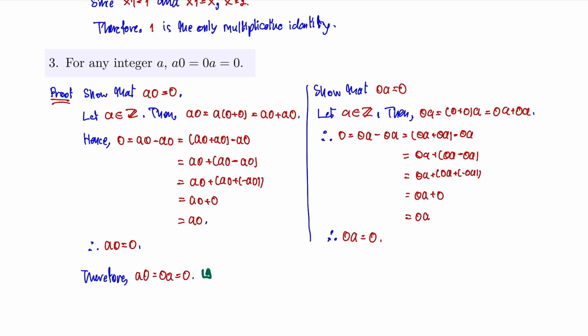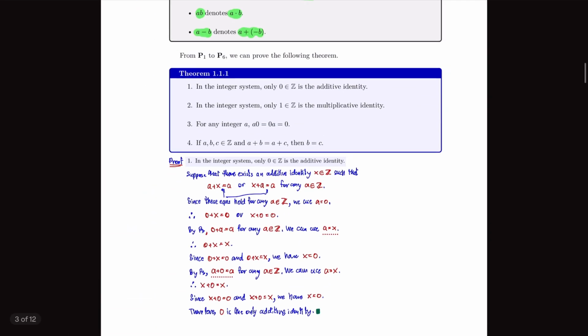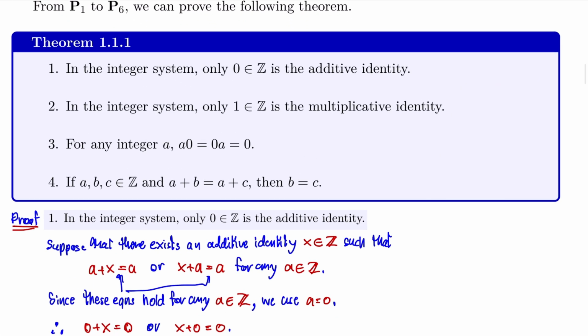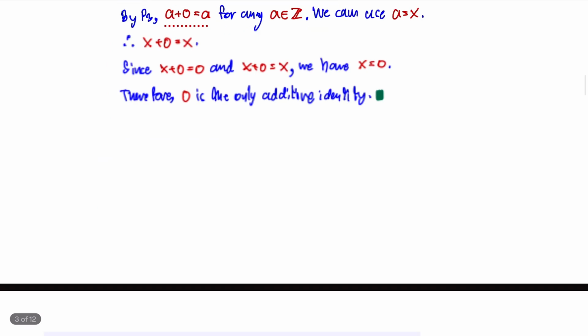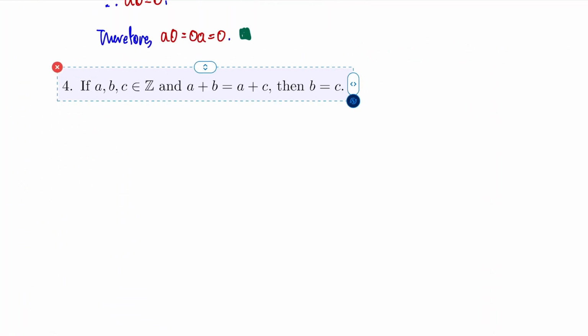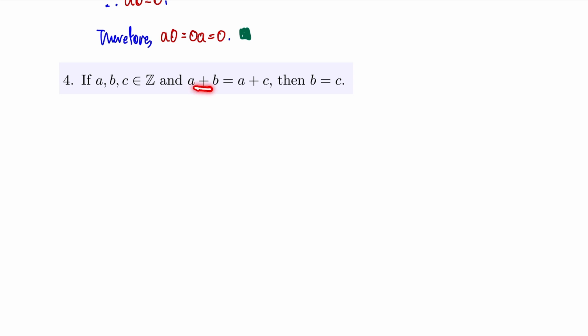Great. And the last property, the last one of this theorem, theorem 1.1.1. If you have three integers, a plus b equal to a plus c, then b equals c. Let's prove this.